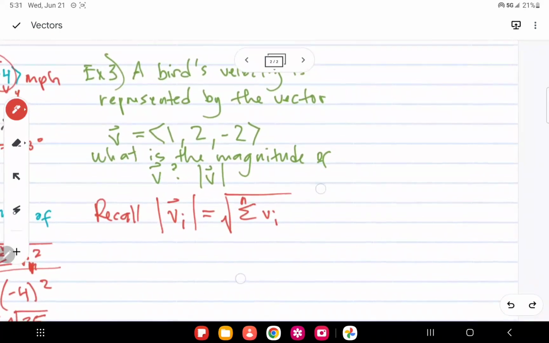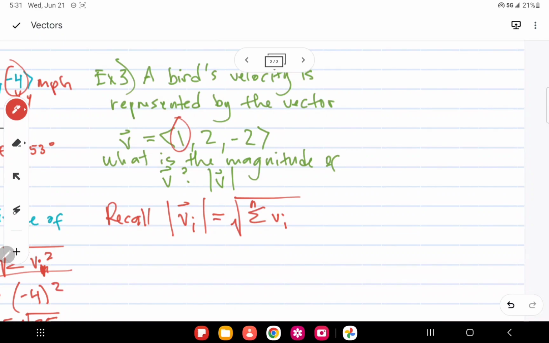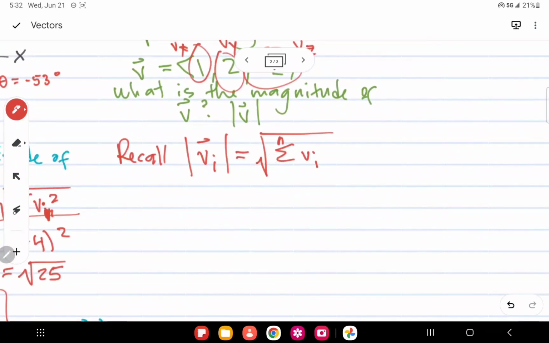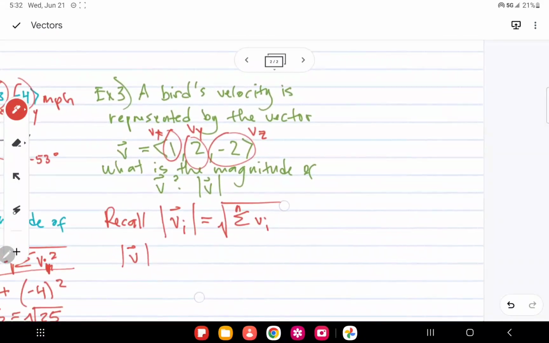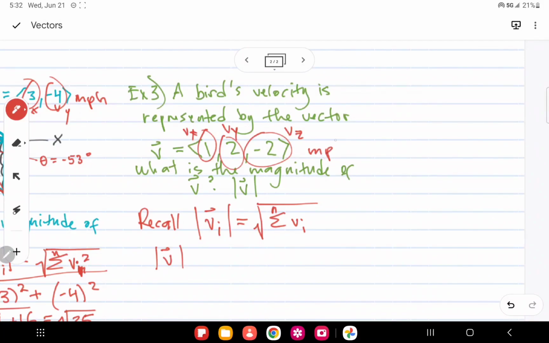So in this case, this right here is the x component, Vx. This one right here is Vy. This one right here is Vz. Okay, so remember we're working in 3 dimensions now. So the magnitude of that vector, let's say that's in miles per hour again.